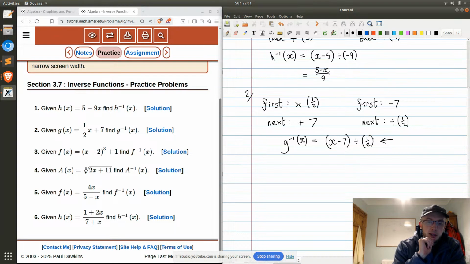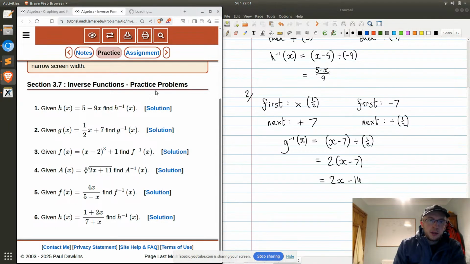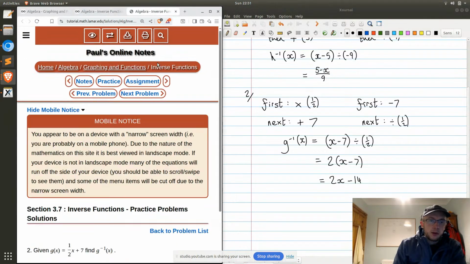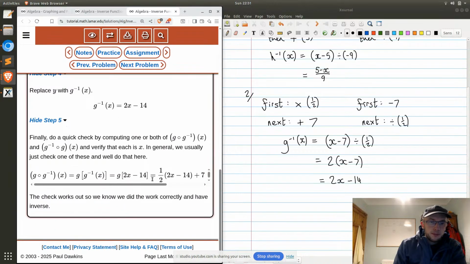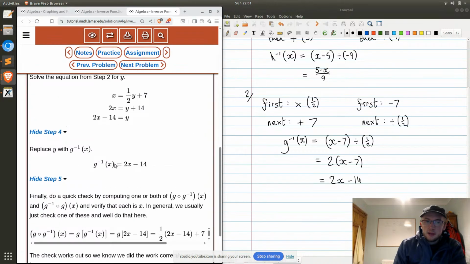Dividing by 1/2, that's just like that. And then expand. So 2x minus 14. And we check. We always check. And that's correct.